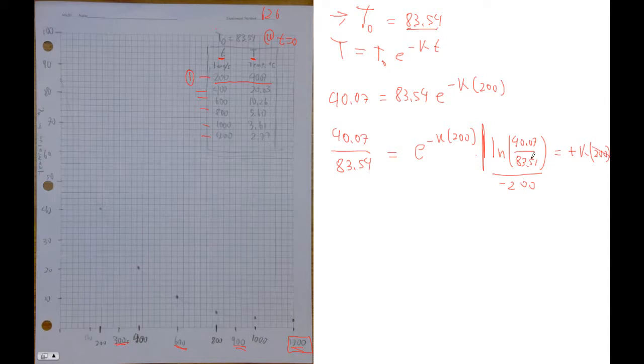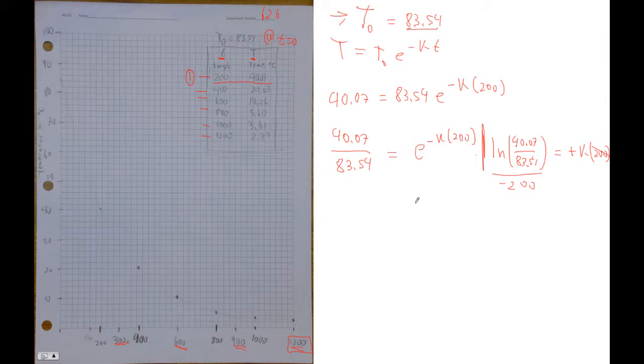So let's do that. Let's turn the calculator on. Let's go alpha F1, and then we'll go natural log of alpha F1, 40.07 over 83.54, and then over the opposite of 200.